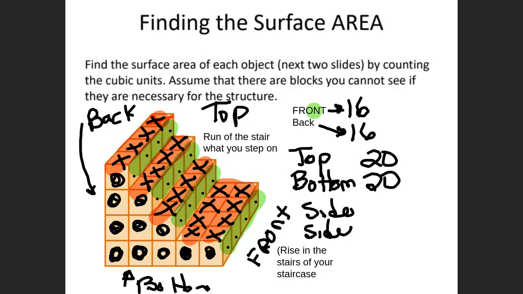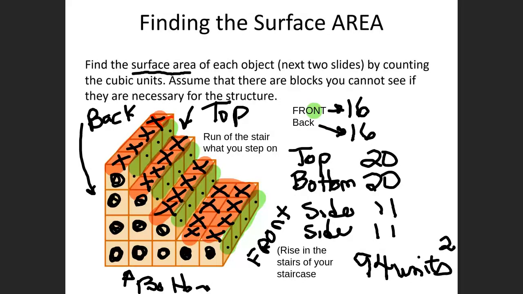I have 11 that I can see, but you have to remember I have 11 back here on the other side. Now, if I add all of these together, I will come up with 94 units squared. That is my surface area.